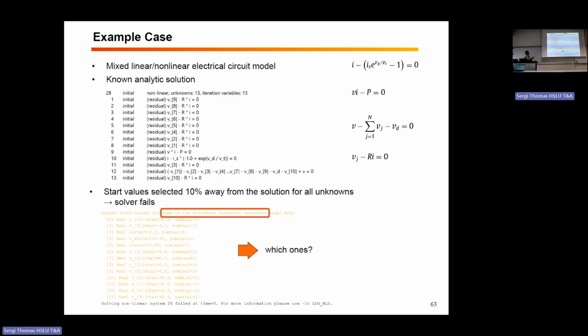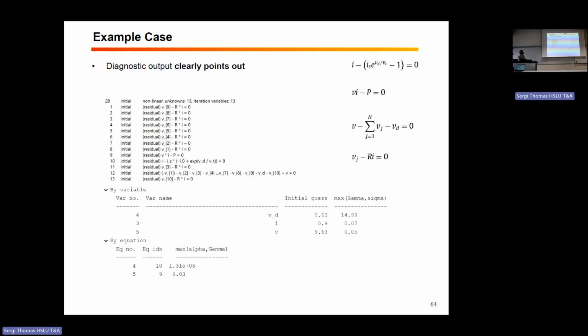But now, if you use our algorithms, it can tell us which ones. And that is interesting. If we rank those results that you will see here by variable, we rank the maximum values of gamma and sigma. Here, it clearly points out that VD is the culprit. VD is giving a huge index.